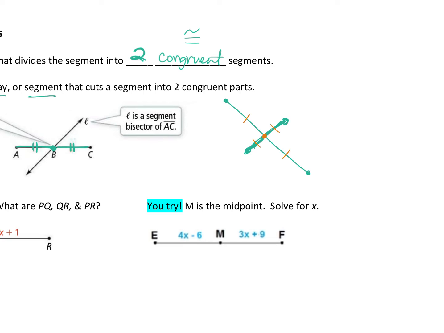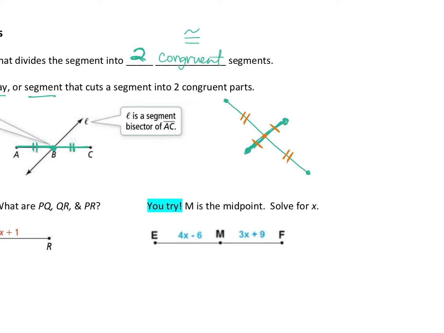Any guesses what we do to show the distinction? We just add another hash mark somewhere. So if this is going to be 1 and 1, then I'm going to go 2 and 2. And that tells me that the two longer ones are congruent to each other and the two shorter ones are congruent to each other, but all four of them are not congruent to each other.